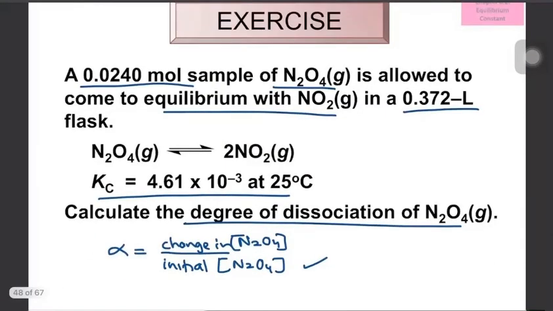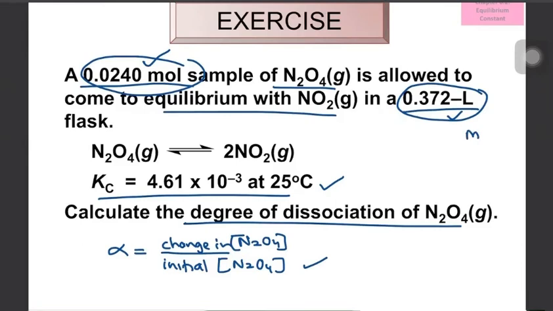So a simple exercise. Here they have given you the Kc value, the initial number of mole, and the volume. So whenever you see mole and volume, you know you can calculate concentration, capital M. So degree of dissociation, as I told you, you need your ICE table.